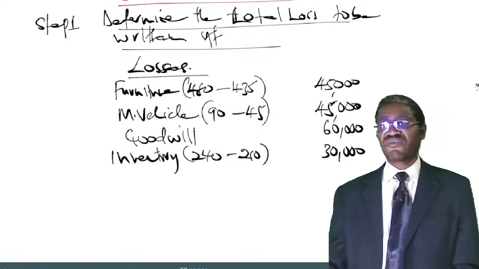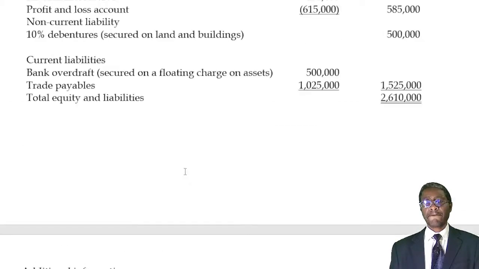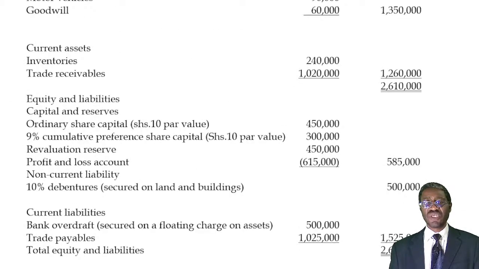Next, we go to the next asset after inventory. The next one in the balance sheet is trade receivables. I can see trade receivables are given as 1020 in the balance sheet, while as per the additional, it has a fair value of what?